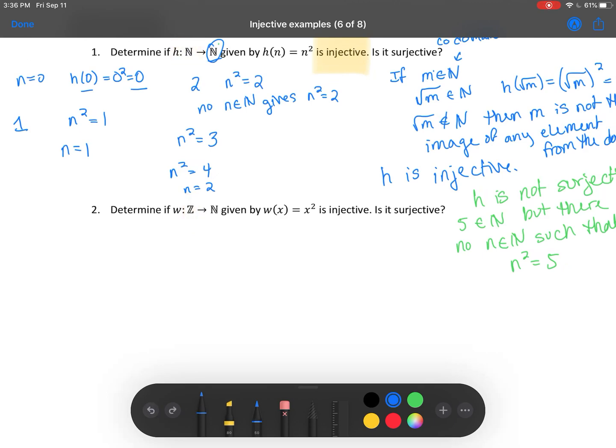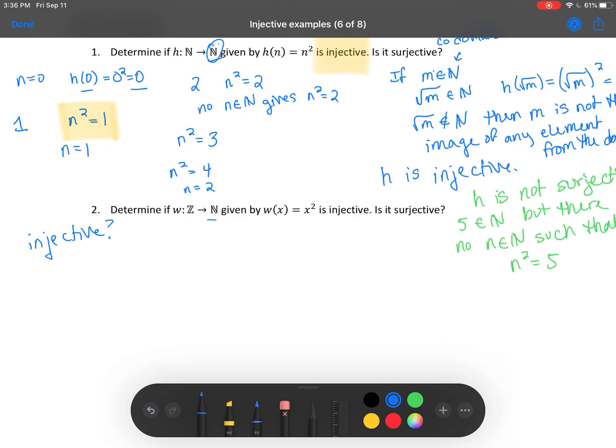All right. So first we want to know, is it injective or not? Or in other words, is every element of the codomain the image of at most one element from the domain? And the answer is no, kind of for the reasons that we talked about in number 1. So remember in number 1, when we were solving this equation, n squared equals 1, you would traditionally think that that has two answers, which are -1 and +1.